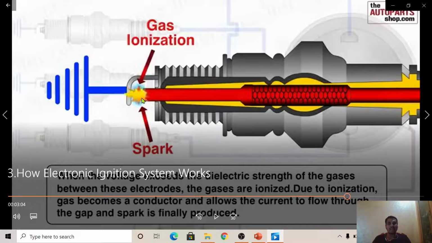As the gas ionization occurs, the spark is produced. This is the spark which ignites the mixture inside the engine cylinder, and this happens because of the gas ionization.